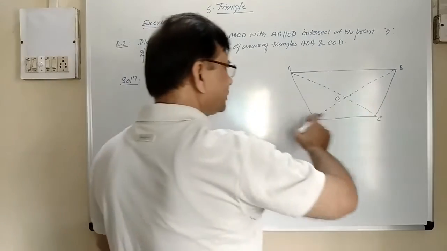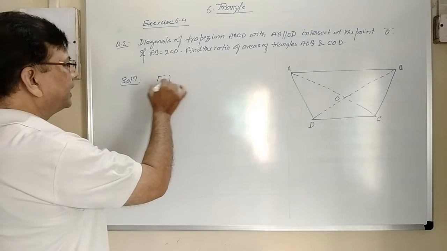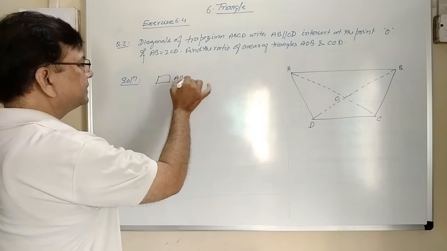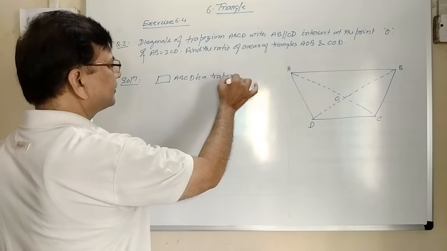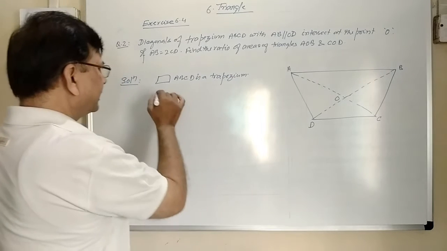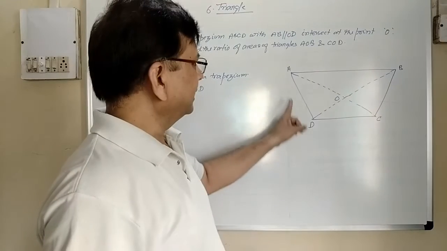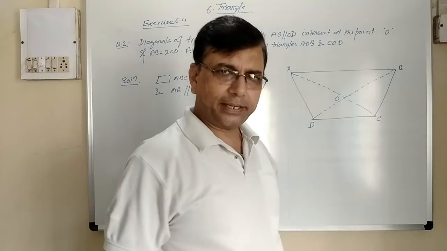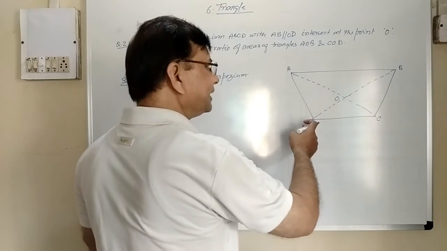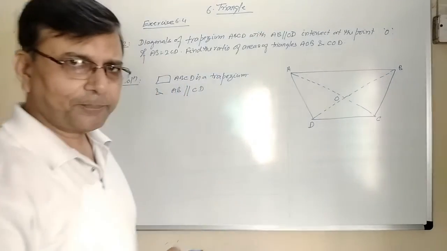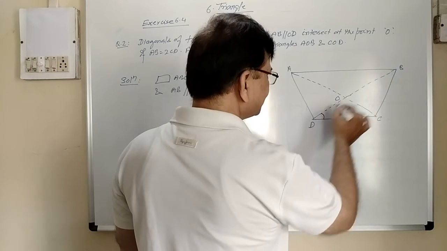Now, since these two are parallel, the quadrilateral ABCD is a trapezium and AB is parallel to CD, and this diagonal BD is acting as a transversal, so these alternate angles will be equal.